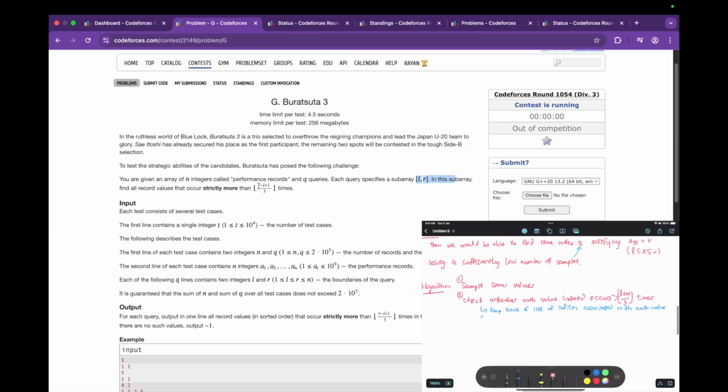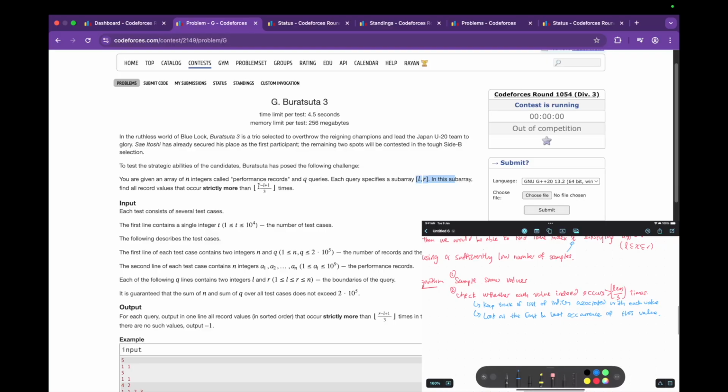And then we just have to look at the first and last occurrence of this value, and then we would be able to obtain the number of occurrences through this information.